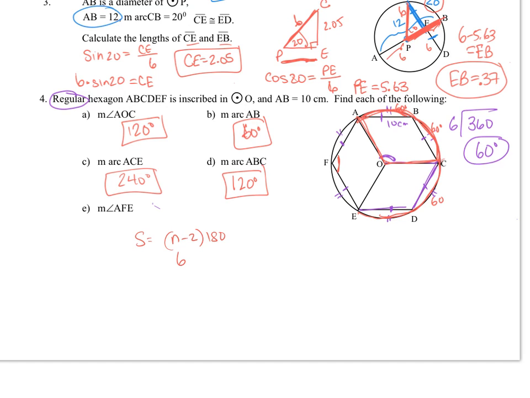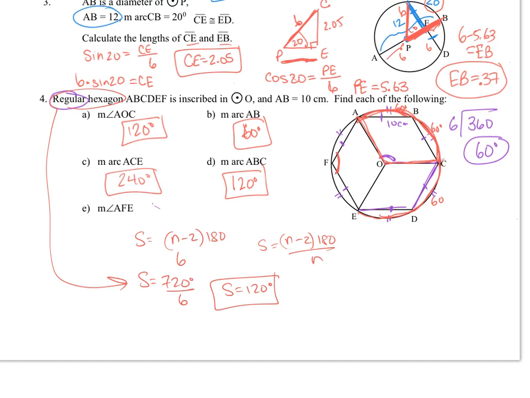So 6 minus 2 is 4, times 180 gives me 720. So the sum of all these angles, since this is a regular hexagon, is 720. To find each angle, we take this and divide it by the 6 sides. So 720 divided by 6 gives me 120 degrees.